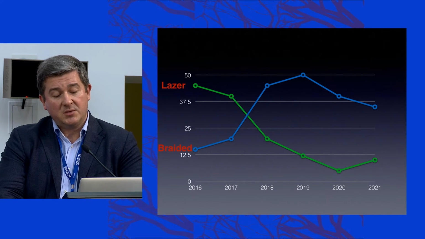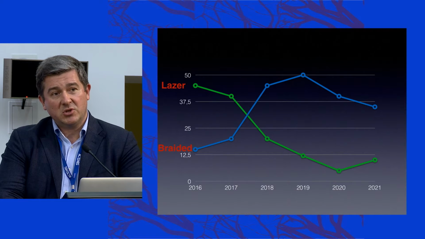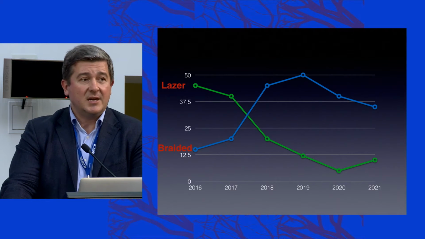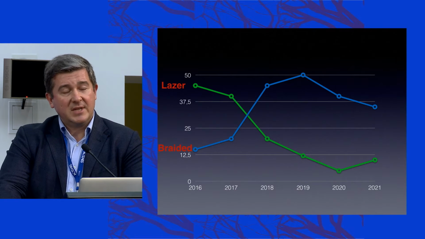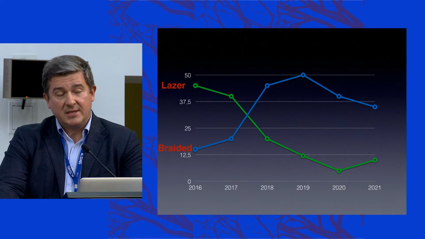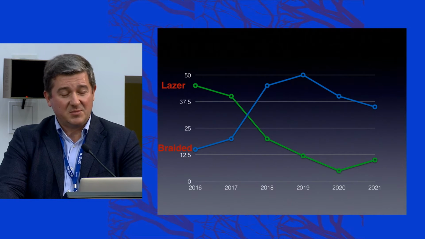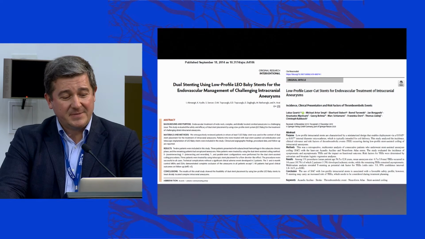Here is a graph showing the shift from laser cut to braided stents. The number goes down very often when you see this; even for the braided stent, there is at the moment a downward trend. But you know, it's a special case.